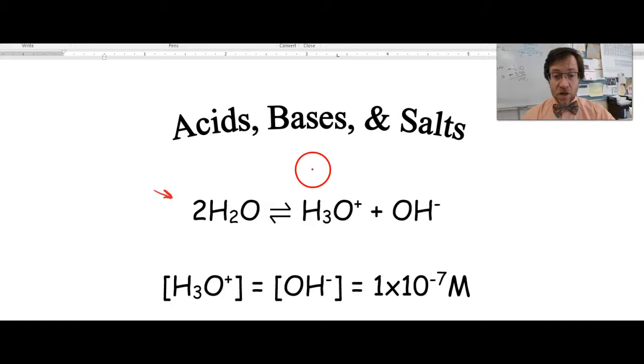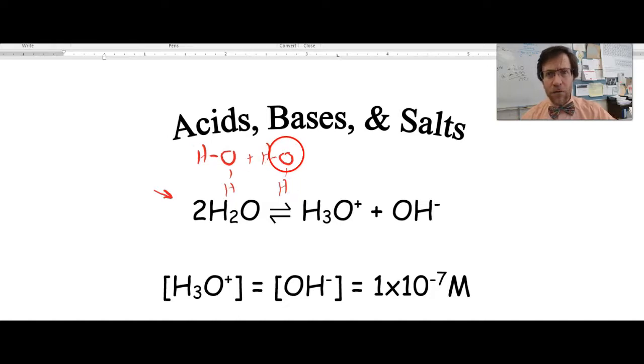What happens is two water molecules collide, and part of one water molecule breaks. Let's say this hydrogen here breaks off and embeds itself inside one of these electron clouds.